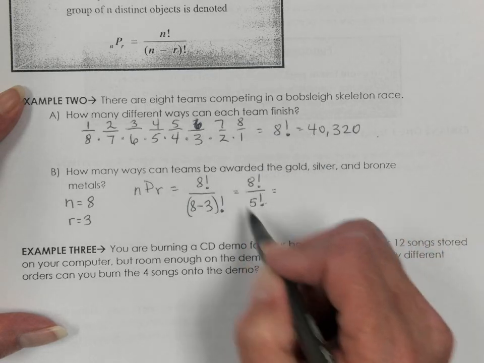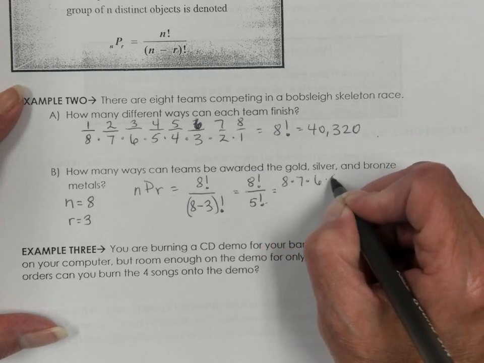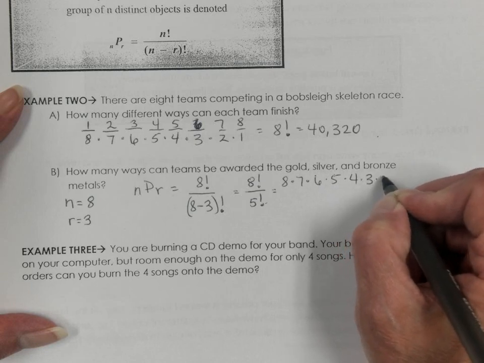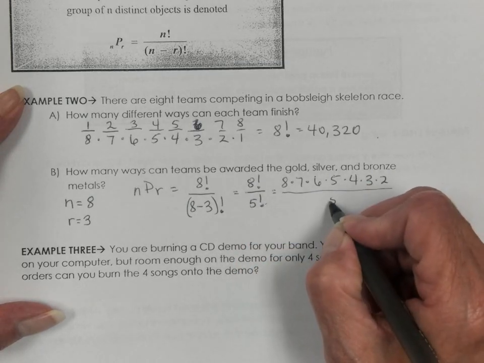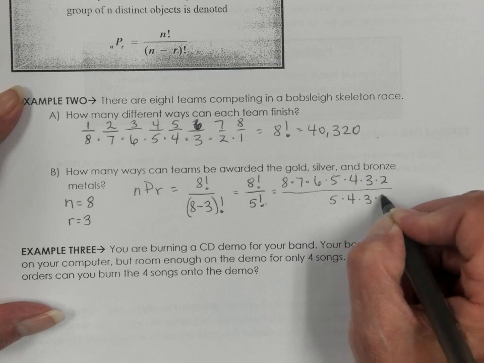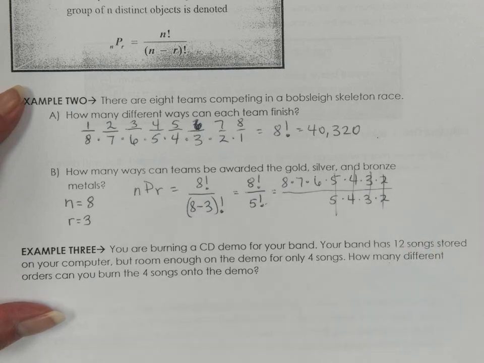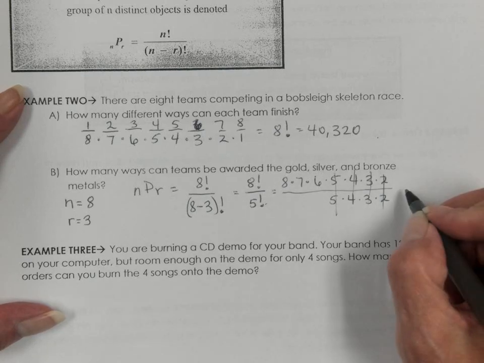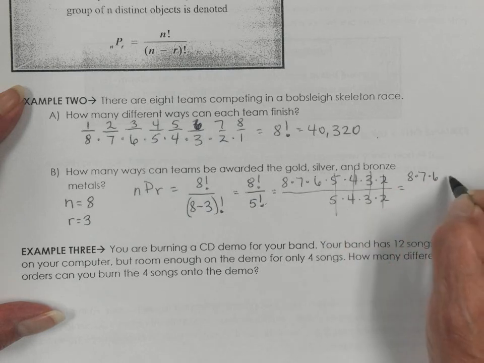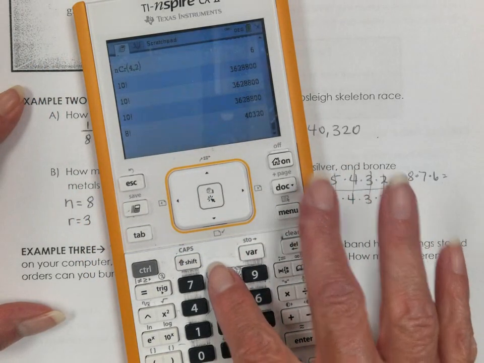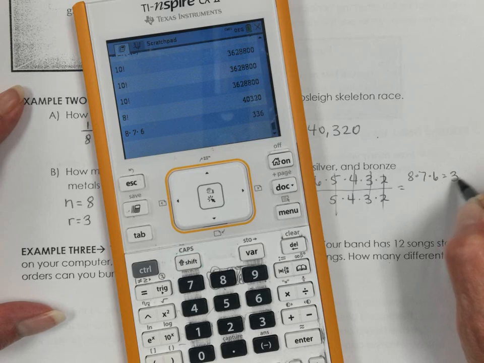It is a shorthand way of saying do a process that looks like this: 8 times 7 times 6 times 5 times 4 times 3 times 2 times 1, that I don't write, divided by 5 factorial, 5 times 4 times 3 times 2 times the 1 I won't write. 5, 4, 3, and 2, both in the numerator and the denominator, reduce down to 1, giving me 8 times 7 times 6 over 1. 8 times 7 times 6 gives me 336.